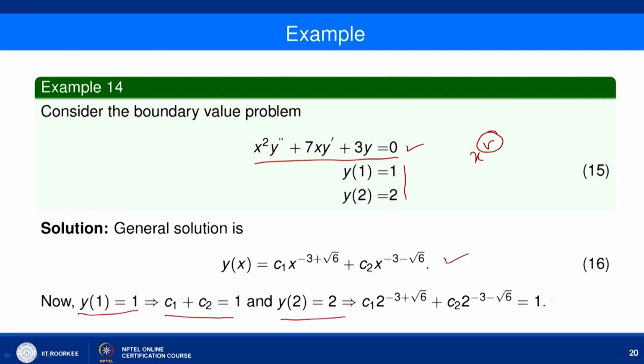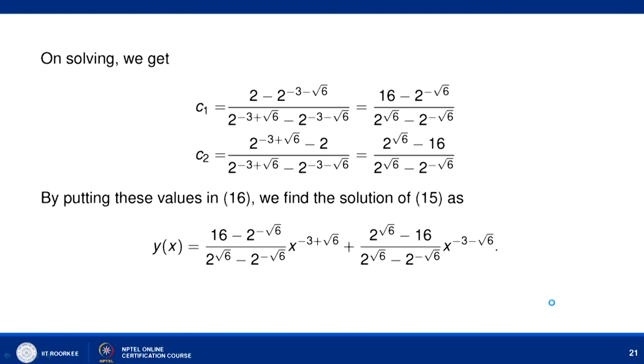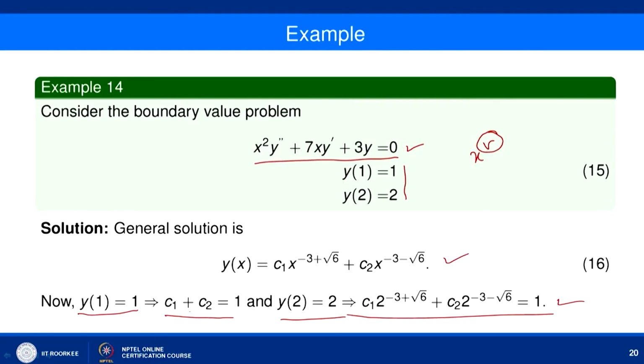Now, let us proceed further. If you use the condition y(1) equal to 1, then c1 plus c2 equal to 1, and y(2) equal to 2 means c1 2 to the power minus 3 plus root 6 plus c2 2 to the power minus 3 minus root 6 equal to 2, and we want to find the c1 and c2 for which it has a solution. You can simply say c1 is 1 minus c2, put it back and simplify.